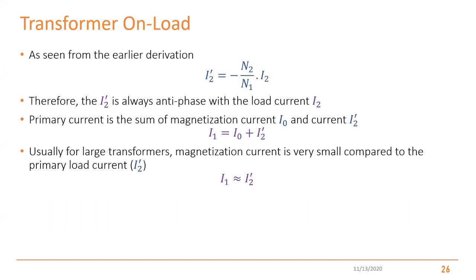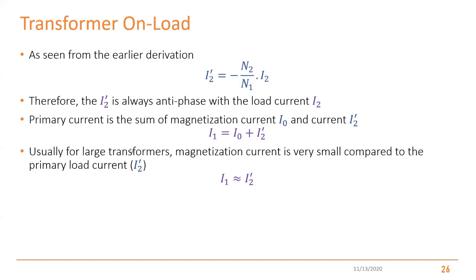Now you can understand that the primary current is the total current. That means the current required to magnetize the core, and we need another additional component I2 dash to neutralize the flux created by the secondary due to the secondary current.